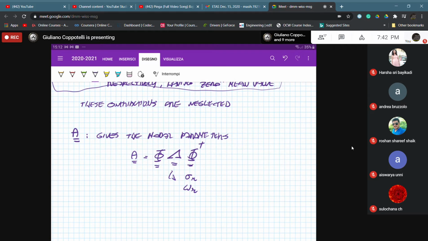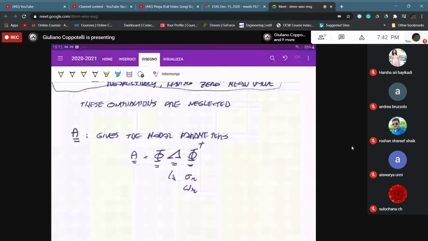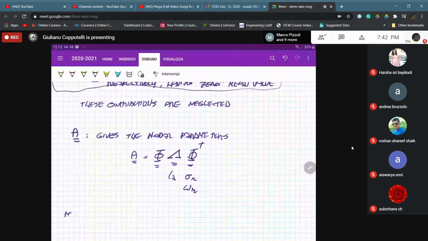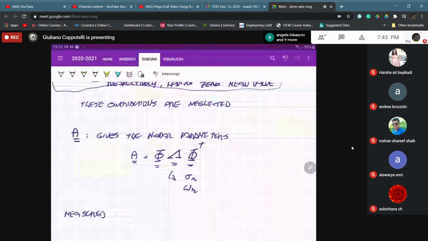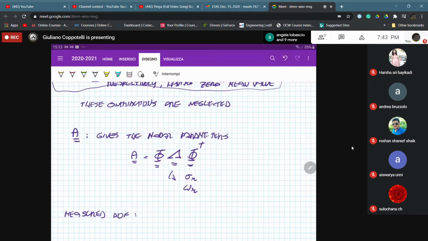We only have available the measured degrees of freedom from the output measurement.